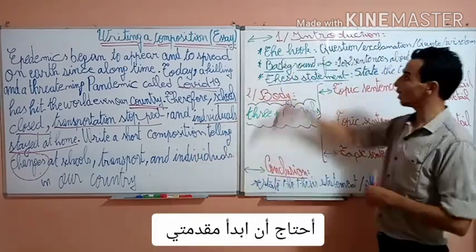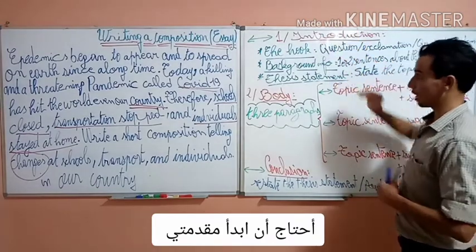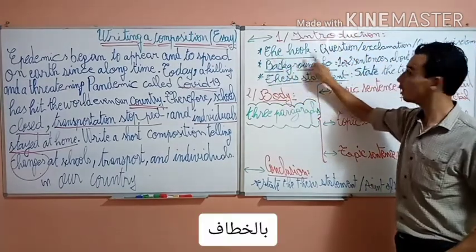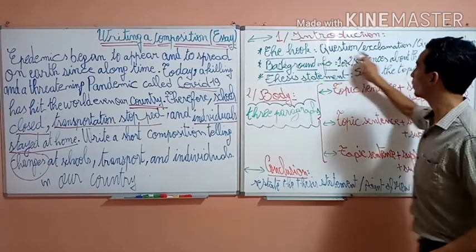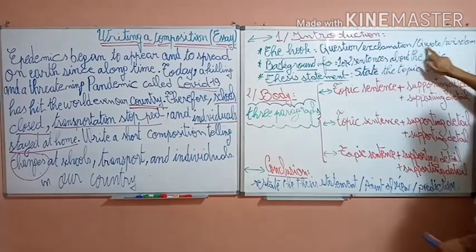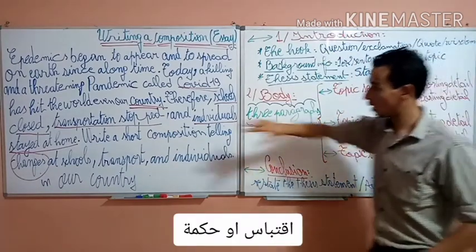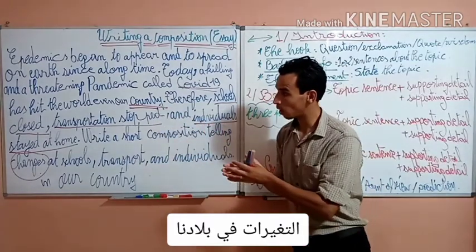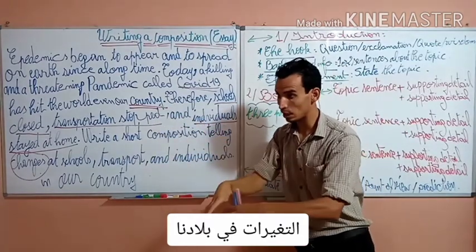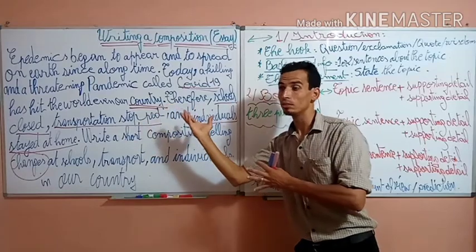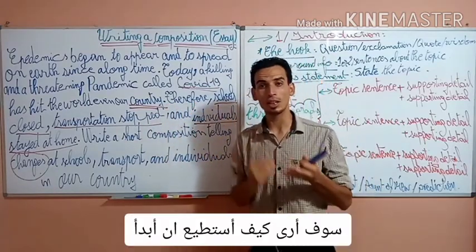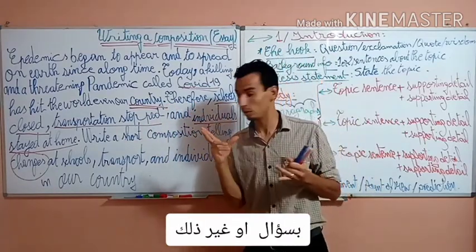So I need to start my introduction with the hook: a question, exclamation, a quote or wisdom. Changes in our country, COVID-19. I will see how I can start with a question or anything.